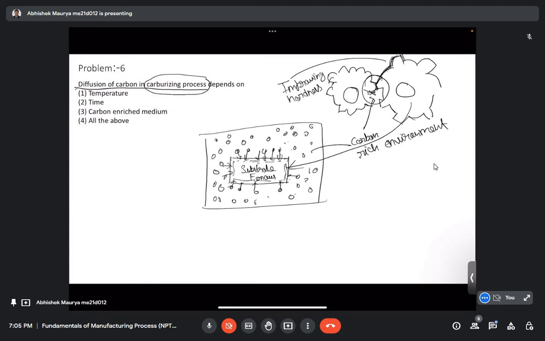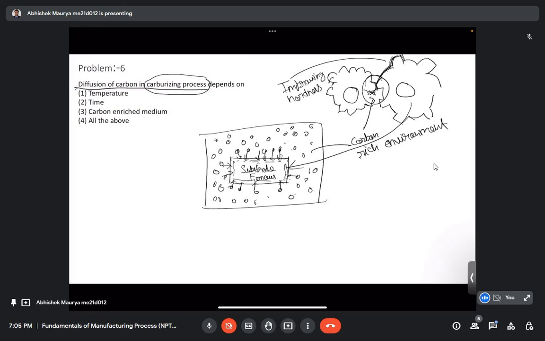If this whole setup is kept at room temperature, then nothing will happen. Very few atoms will come and strike the material, and further they will not go inside the substrate material. For that we have to increase the temperature, and we know there is a process which is called diffusion, which happens because of the concentration gradient.